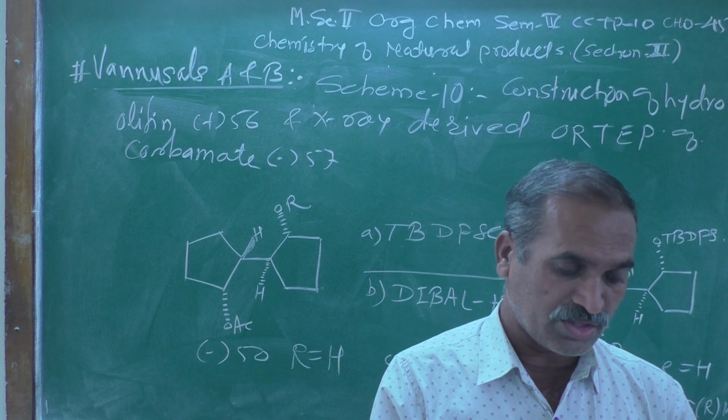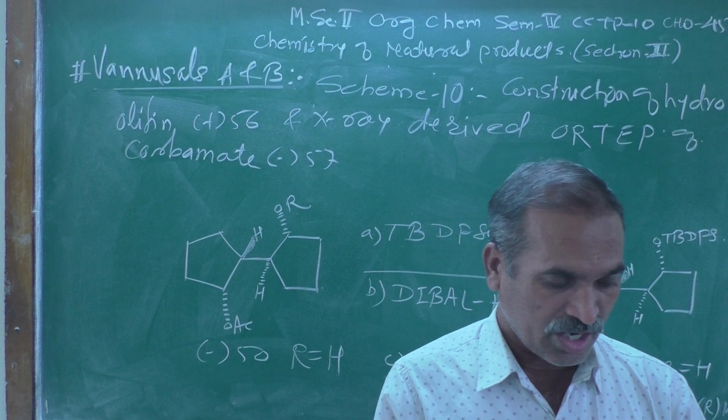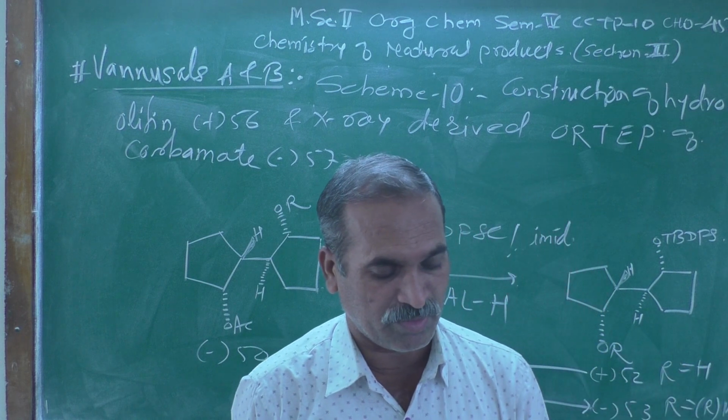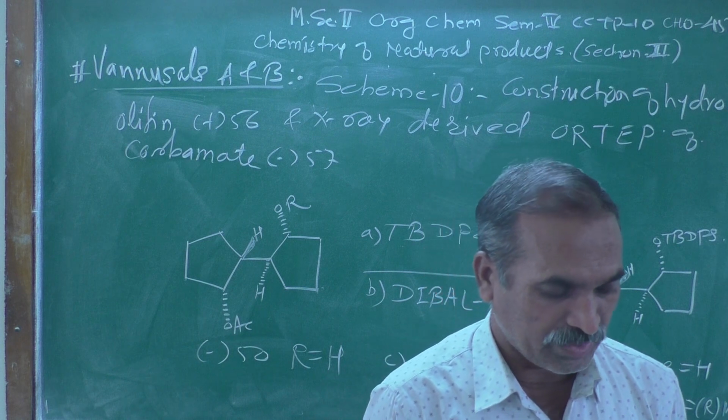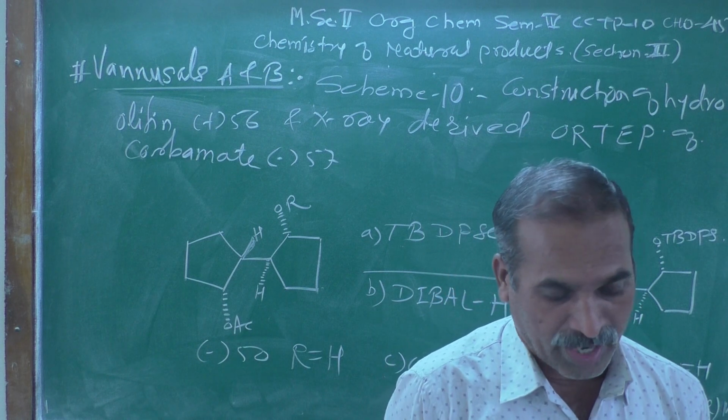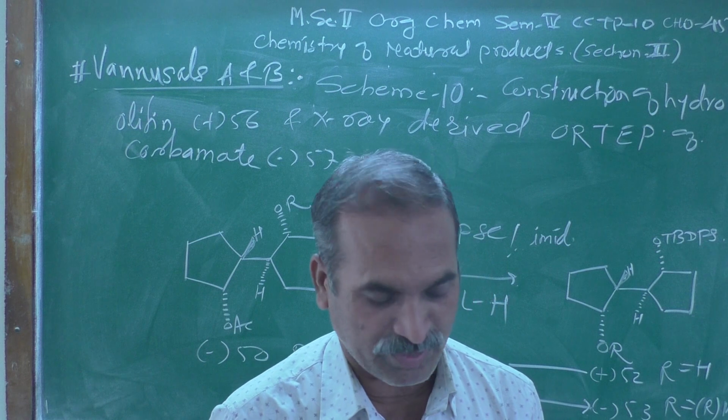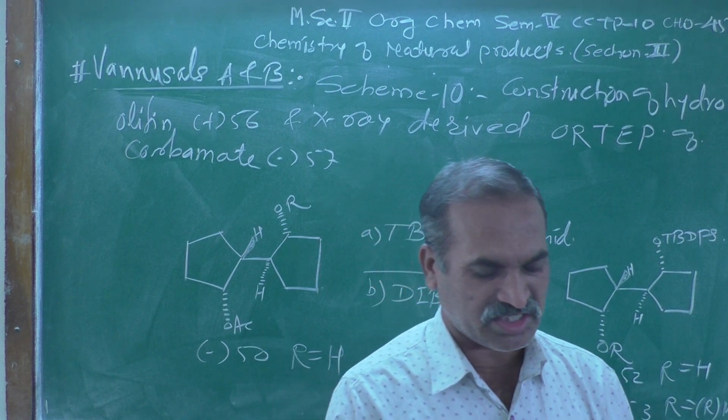After that we discussed scheme number 10, which is the construction of hydroxyl olefin plus 56 and X-ray derived ORTP of carbamate minus 57, that we just started.